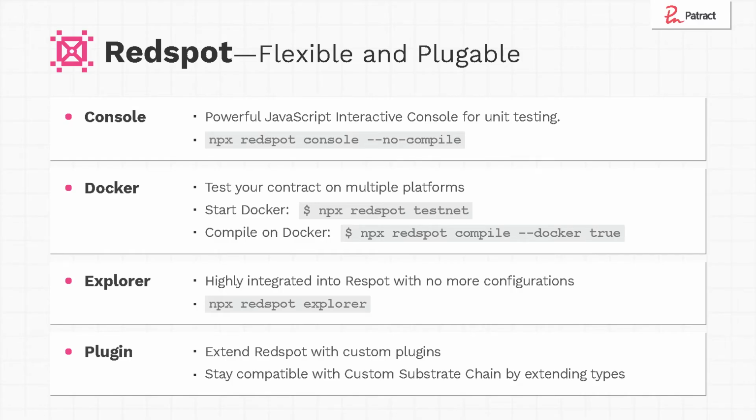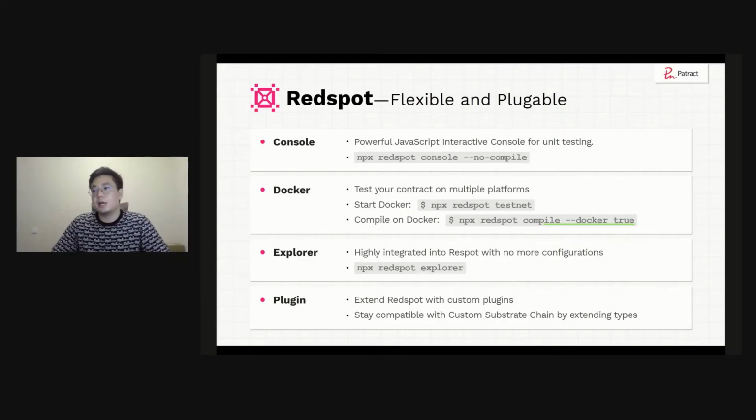Redspot also supports plugins, because Redspot is built upon plugins. So if you feel like Redspot is not enough for development, you can always write your custom plugins and add them to Redspot. You can add more features, and more integrations with other development tools as well.